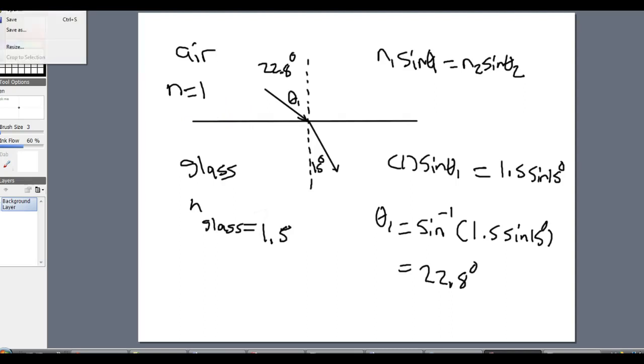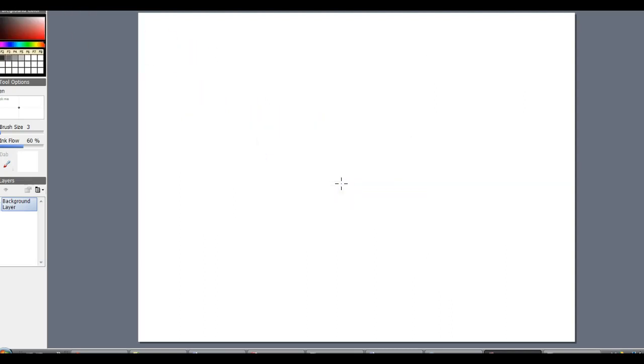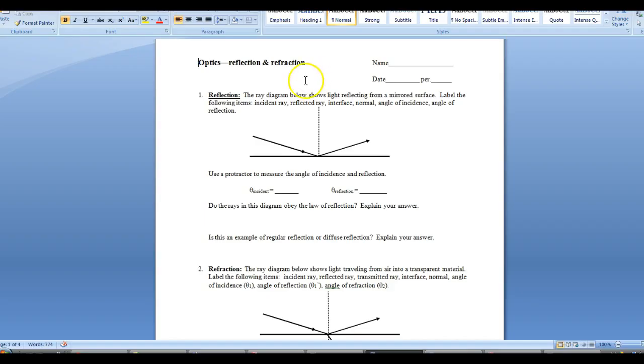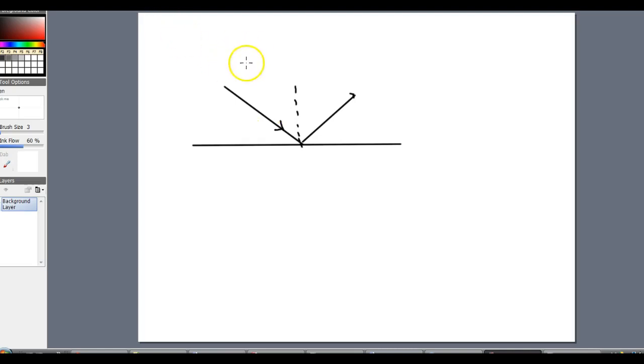So just really quick, I'm going to sketch this on my sheet. I've got the normal, here's the incident ray, and let's see, label the following. Incident ray.